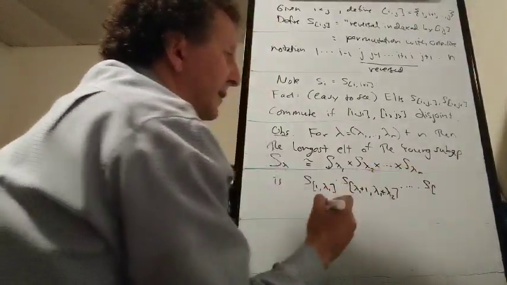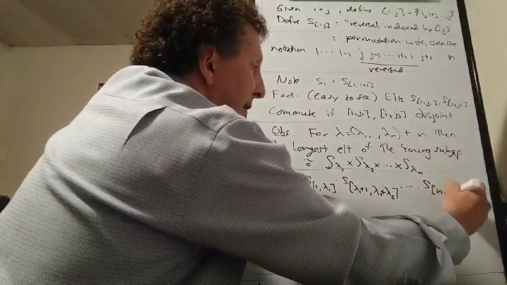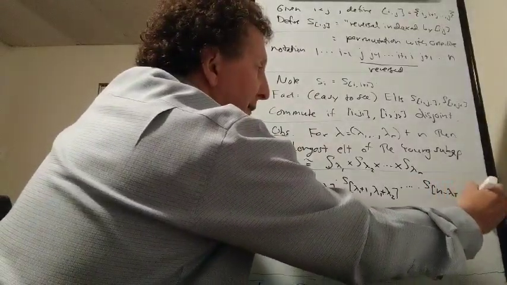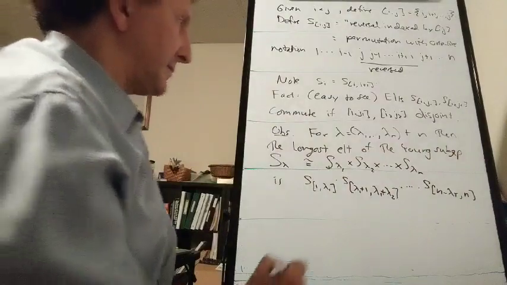And then the last one is going to be S_{n minus lambda r plus 1, n}. Those are the last lambda r letters.